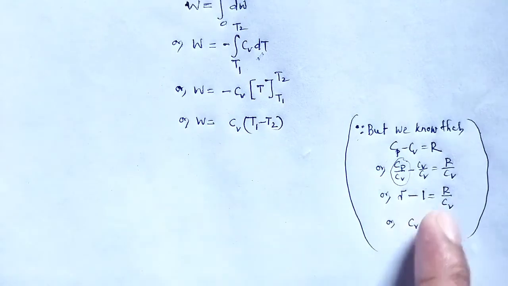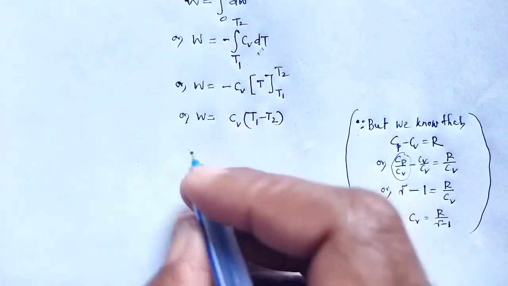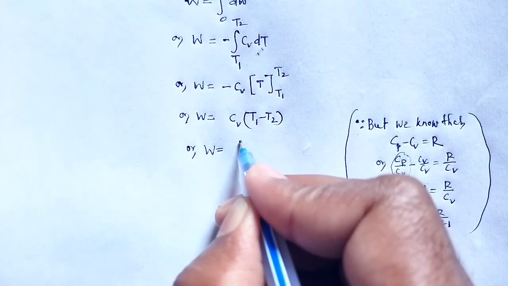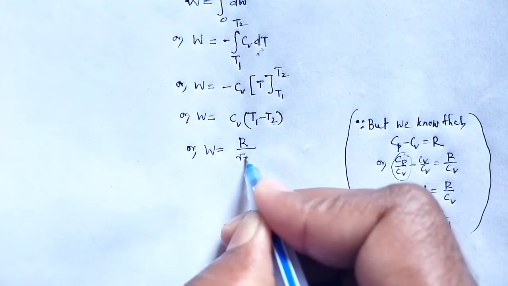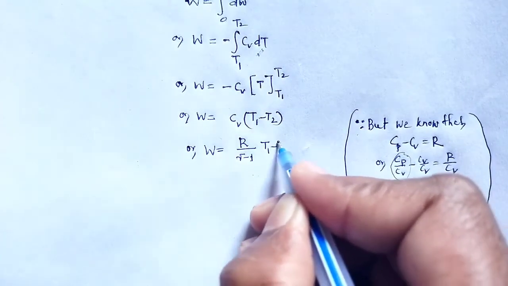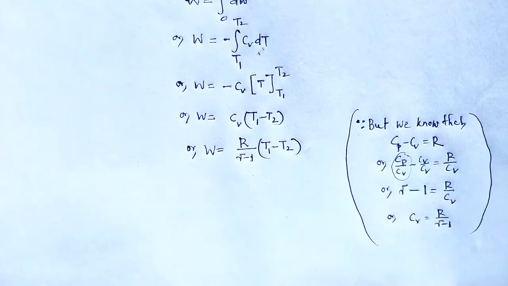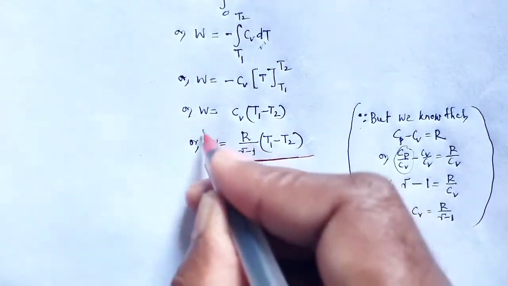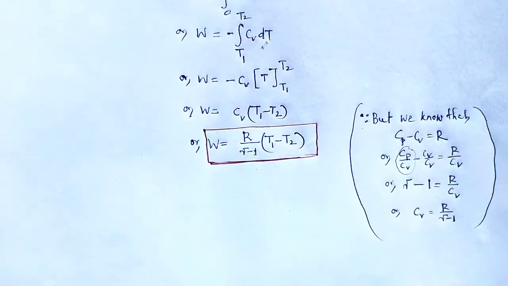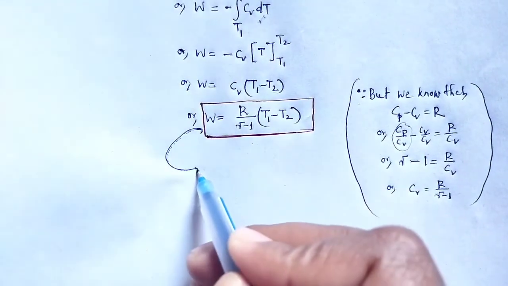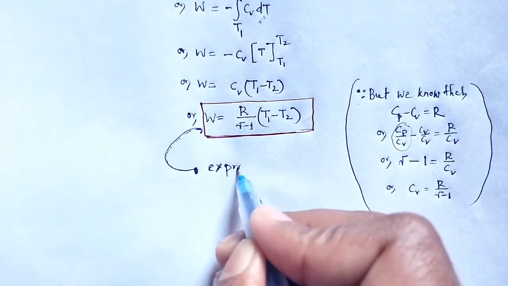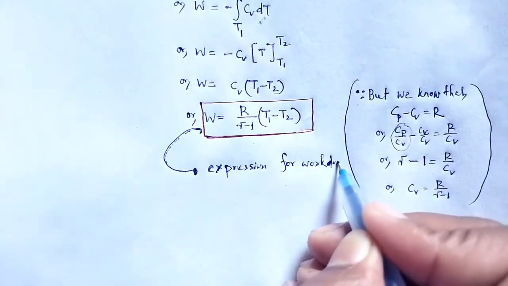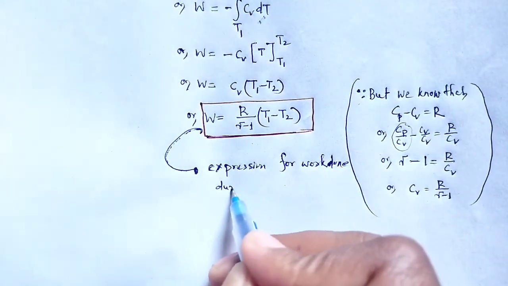In place of Cv, I substitute R divided by gamma minus 1. So, work done W is equal to R divided by gamma minus 1 times T1 minus T2, that is the expression for work done during an adiabatic process.